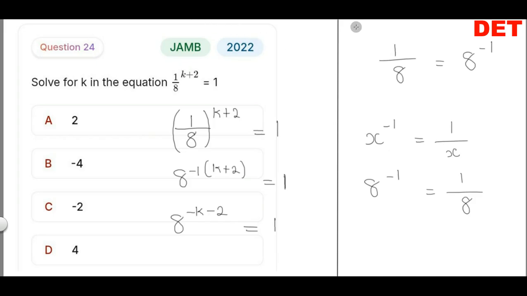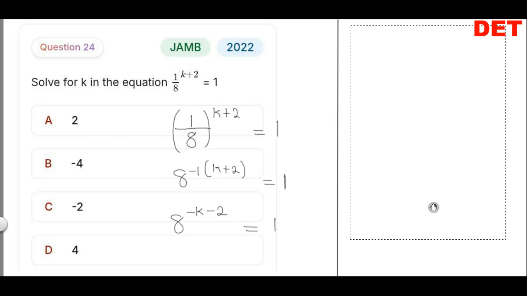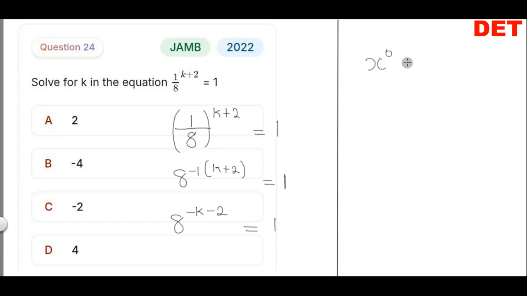The next thing that I will do is to convert this 1 into an index number in such a way that I will have 8 as the base number. From the zero index law of indices, x raised to the power of 0 is equal to 1.